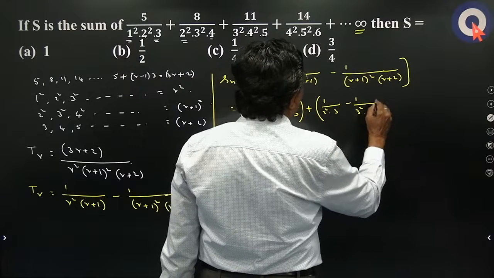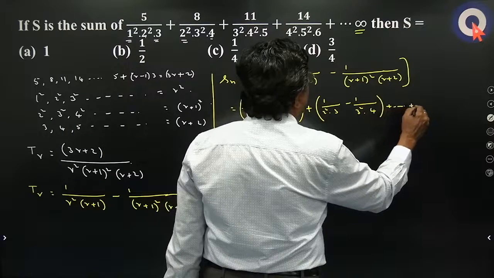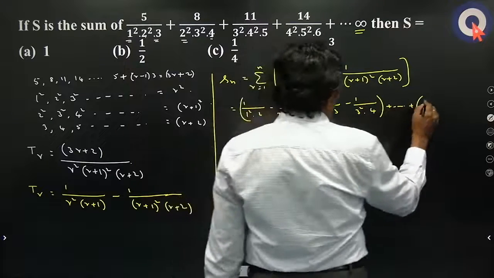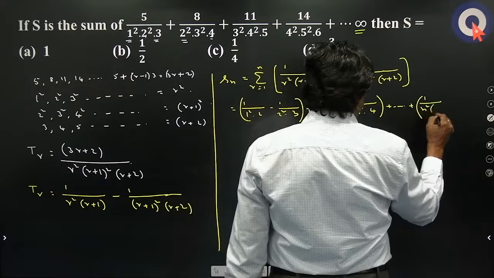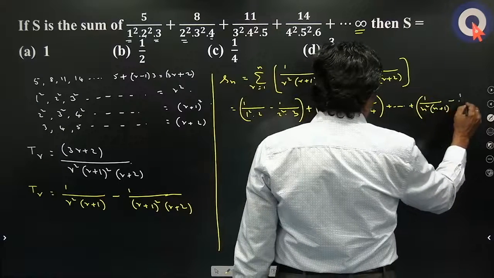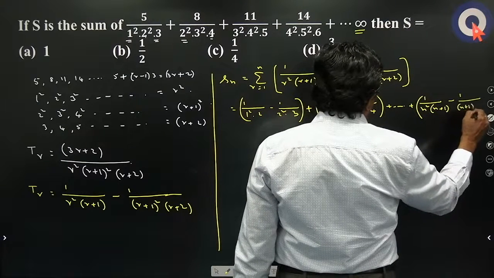I get that here. Plus, etc. For r is equal to n, I get 1 by n square into n plus 1 minus 1 by n plus 1 whole square into n plus 2.